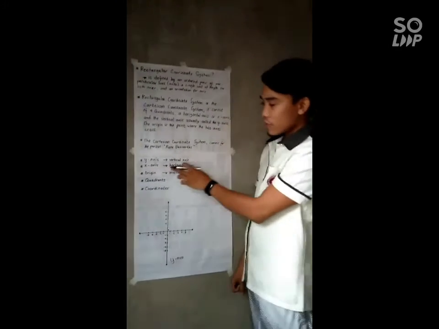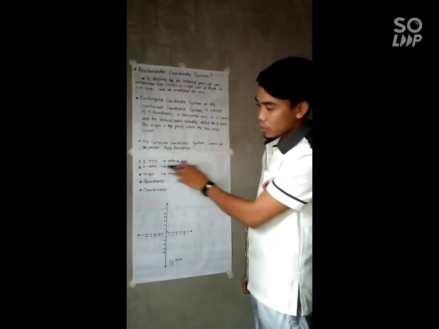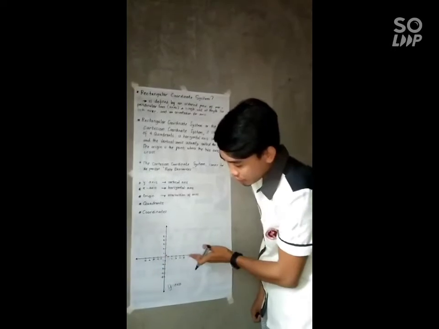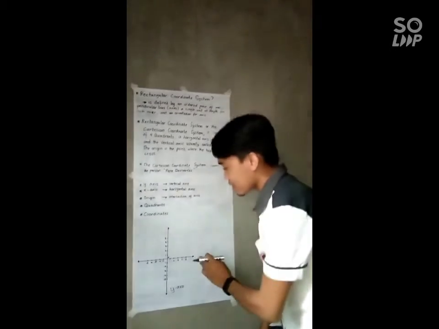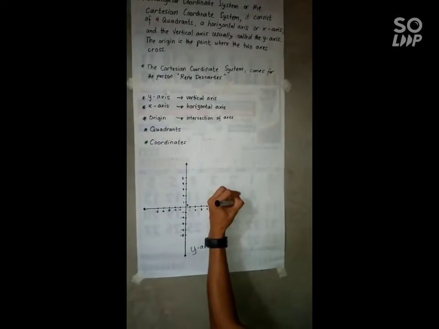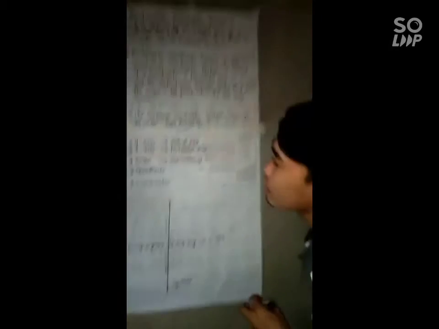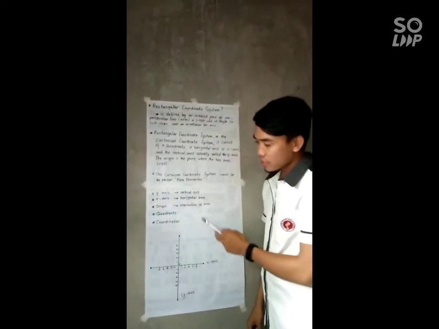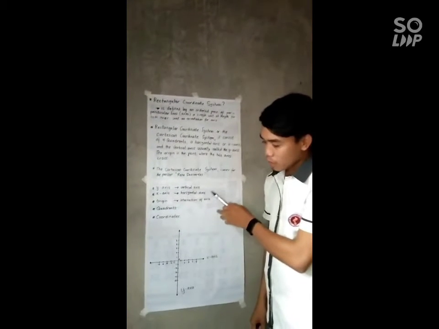So, and our horizontal axis called the x-axis. So our horizontal line here, this is our x-axis. So our origin is the intersection of two axes.